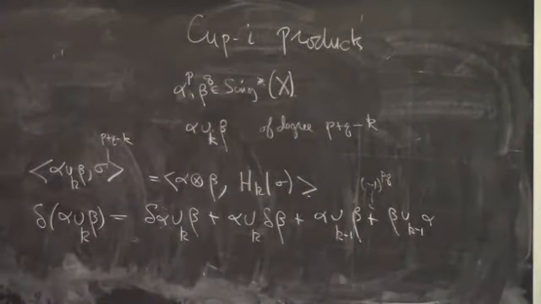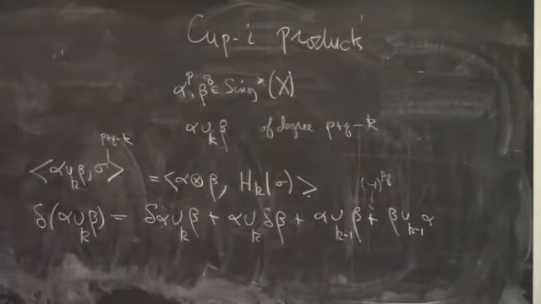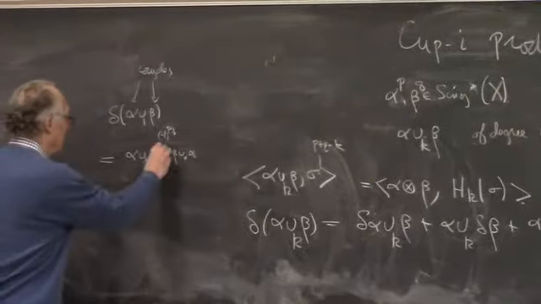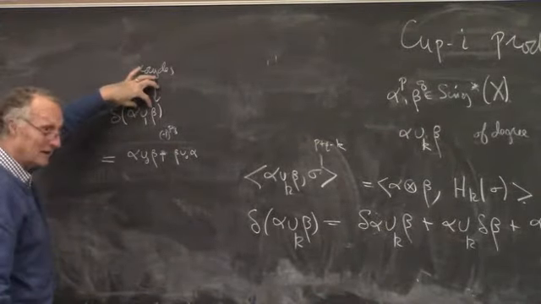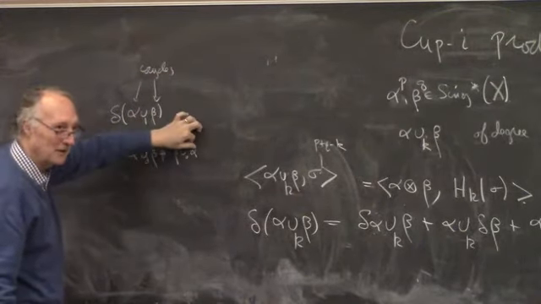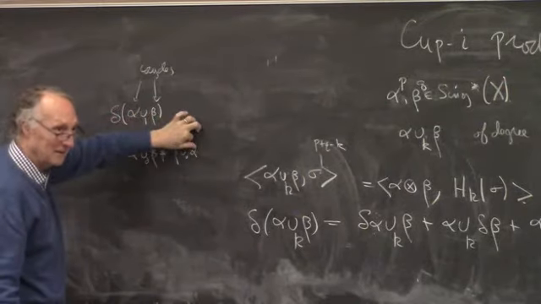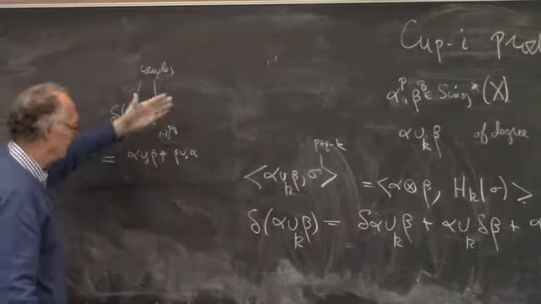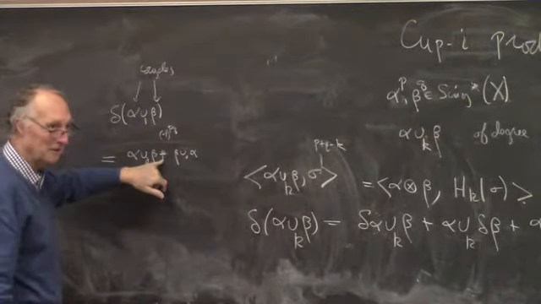And then I said, if you look at this formula mod 2 and apply it to Z2 cocycles, you see that the coboundary of this thing shows you the cup product is commutative in cohomology, because it compares alpha cup beta and beta cup alpha. If I wanted the right sign over the integers, I would need a minus 1 to the PQ here.